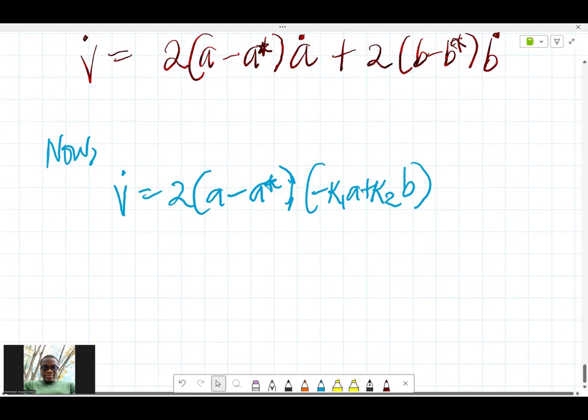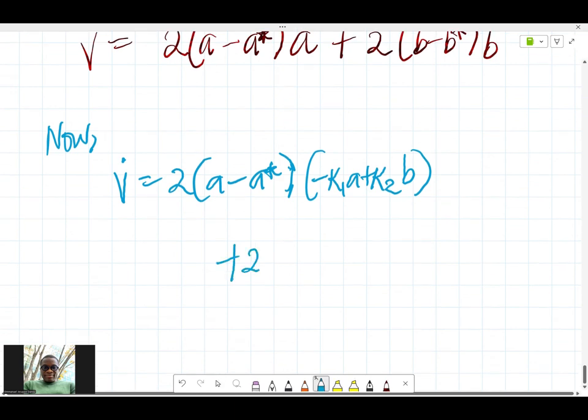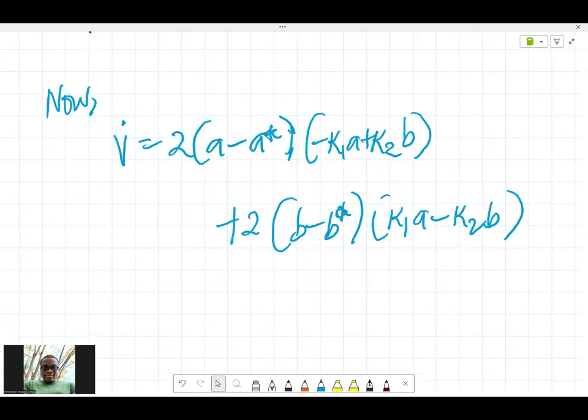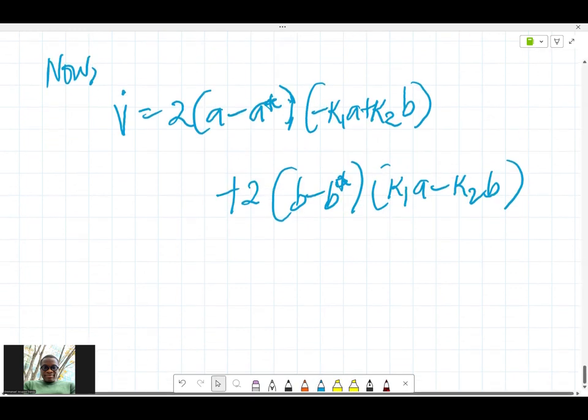And then we have plus 2 into B minus B star, and then B dot is k1 A minus k2 B.